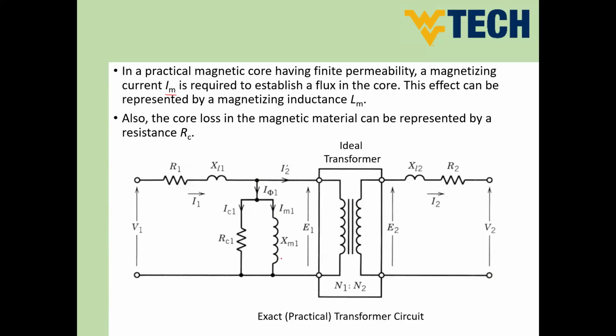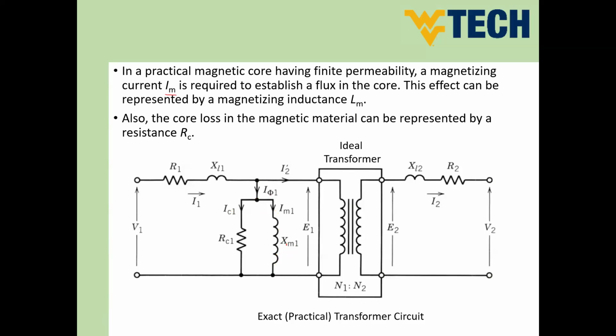So what is this branch? The first side of the branch here, on the right hand side, represents the magnetizing inductance Lm, and we can represent this in the frequency domain by Xm. So this is going to be the magnetizing reactance of the transformer.